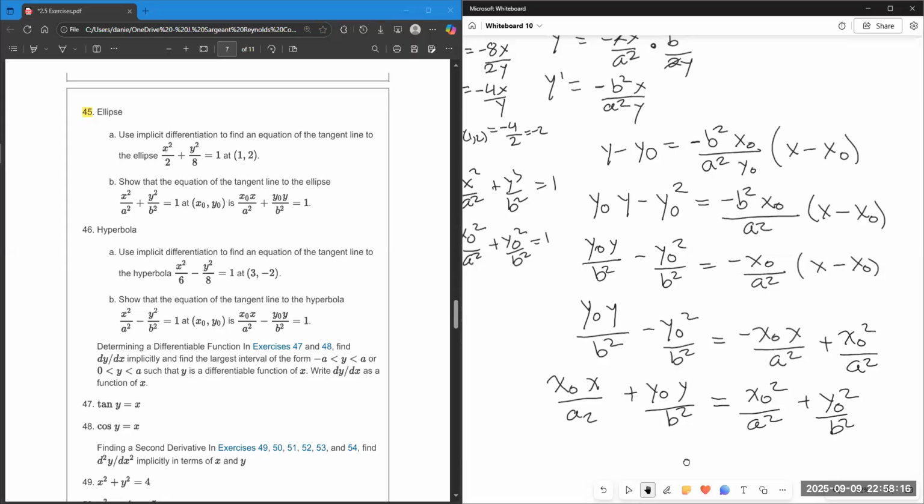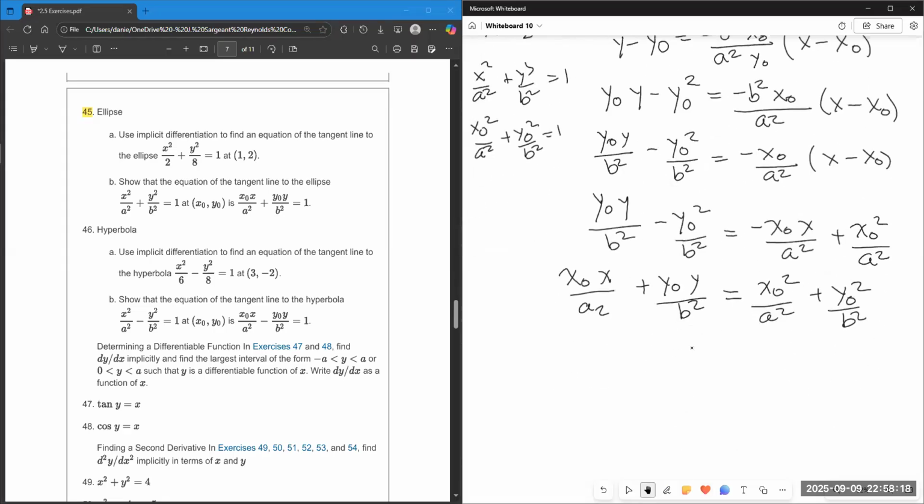And I already told you that that right-hand side was 1. So x naught x over a squared plus y naught y over b squared is equal to 1. I showed you that by just making the substitution for the generic point into my original formula. It will still equal 1. And so now I have the generic equation of the tangent line.